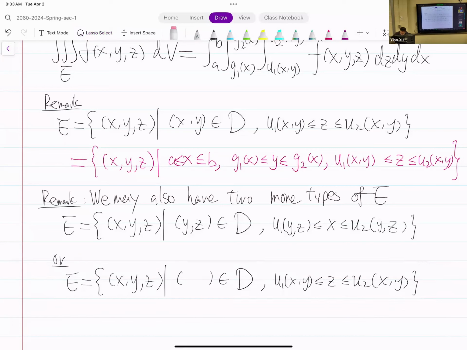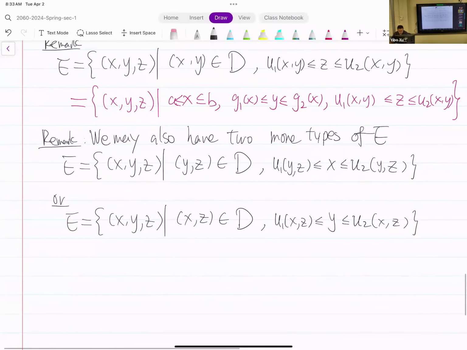So it will give you a region, and the last variable will be relying on that region. So XZ. Okay. So in the XZ plane, there could be another region. Now we name this D again. Then the Y variable is now cut between two functions, two surfaces in terms of XZ.